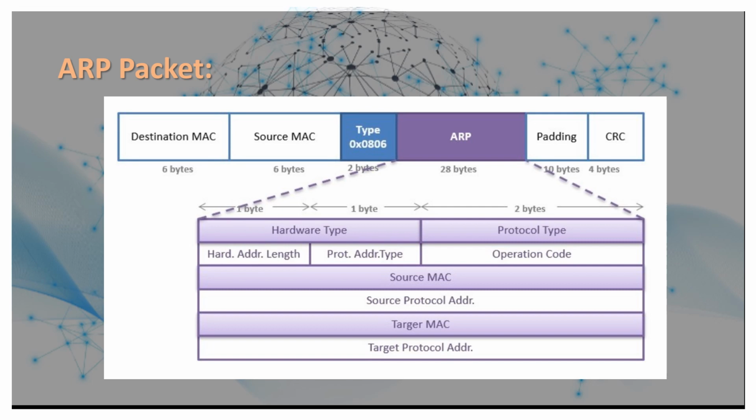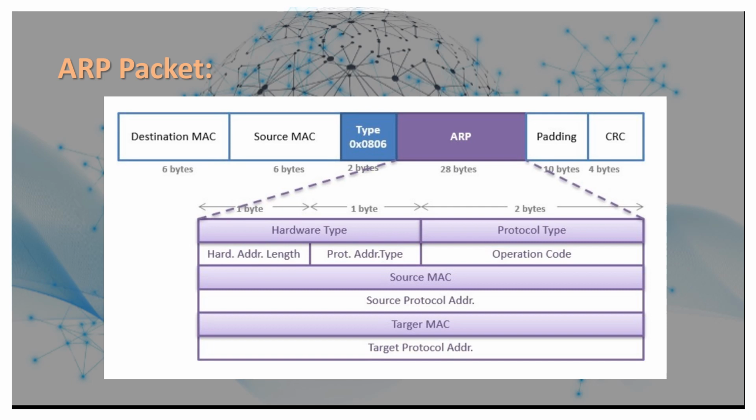Operation code: what kind of operation are we going to do? In ARP, there are two operations. One is ARP request, which we can also call ARP discover, and the other is ARP response or ARP reply. For a request, because I am not aware of the MAC address of the destination, to find it I am going to broadcast my frame within my network.